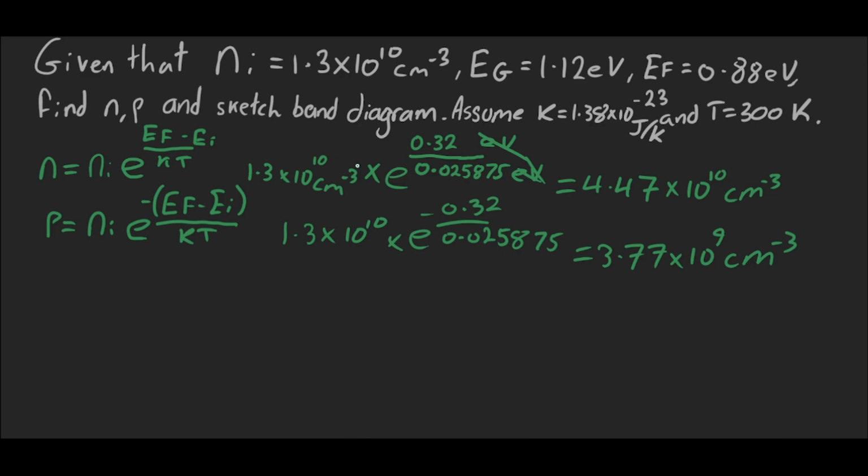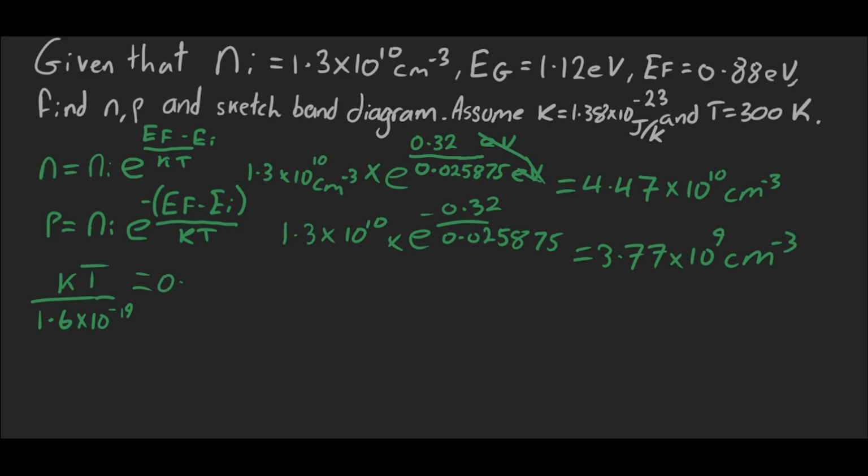Okay, so we found the concentrations. Now we sketch the energy band diagram. But before that, I just want to remind you of the kT product. We have kT here, and the unit is joules. We divide it by the charge of an electron, which we approximate to 1.6 times 10 to the power of minus 19.